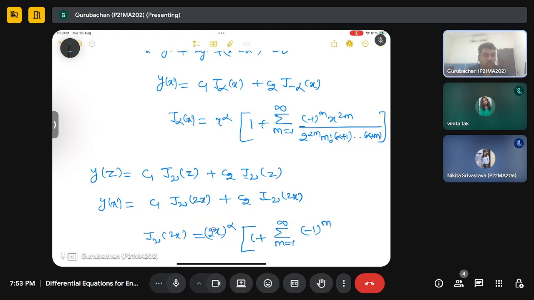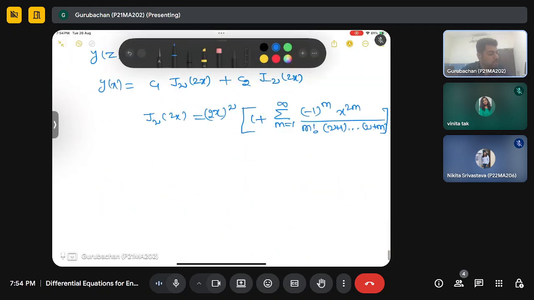Since it is 2x to the power 2m divided by 2 to the power 2m, the 2 to the power 2m will cancel out. So the left part will be nu plus 1 to nu plus m. Similarly, if you want to write J minus nu, you just need to replace here. It should not be alpha since we are talking about nu. So similarly this series will be nu plus 1 to nu plus m. So this will be your solution to this given differential equation.